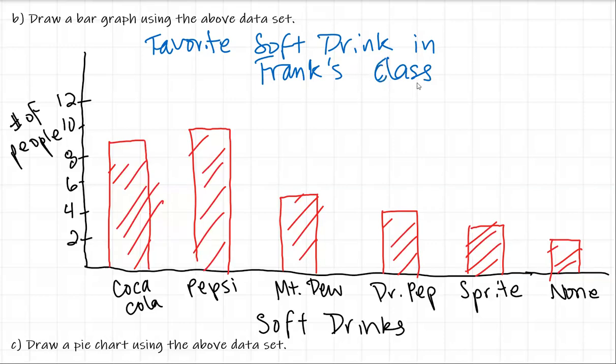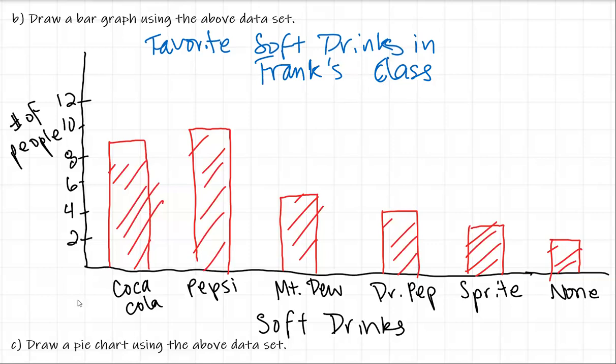If I just put favorite soft drinks, whose favorite soft drinks? Your friends, the people at Fry's, the people in the front office, who, right? You want to be as specific as possible. So whenever we're titling things, you want to make sure not every single fine detail is included, but it summarizes kind of what's going on in this table.